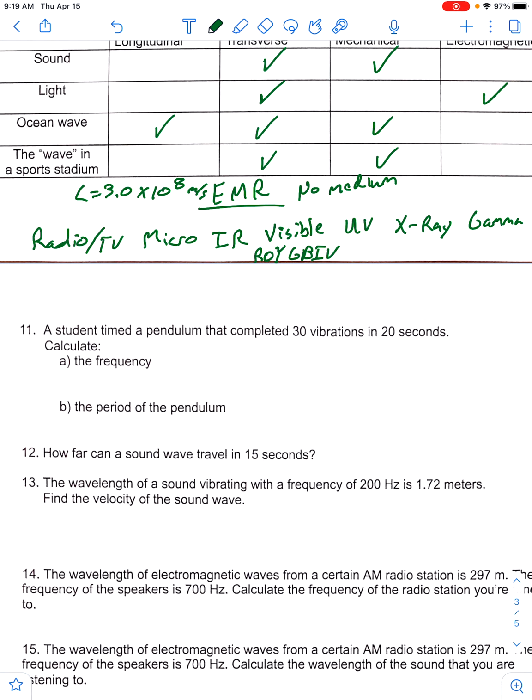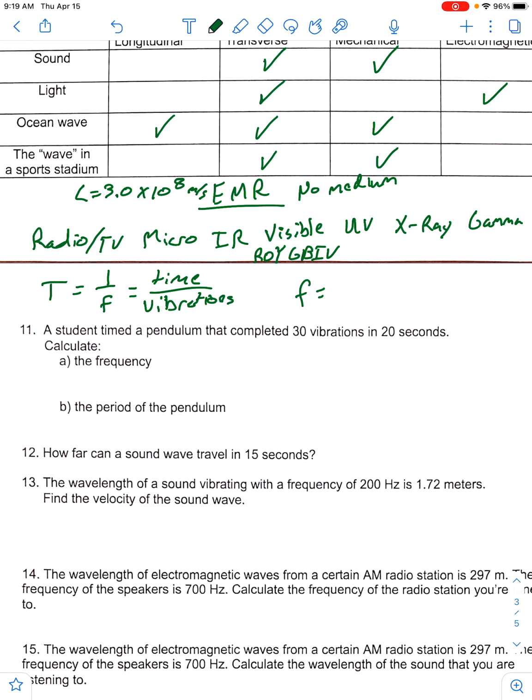Okay, so I'm going to have you write down these equations right here up top. If I want to find period, which is big T, it equals 1 over frequency. But it also equals, and this can help you out, time divided by vibrations. Your frequency is the opposite.